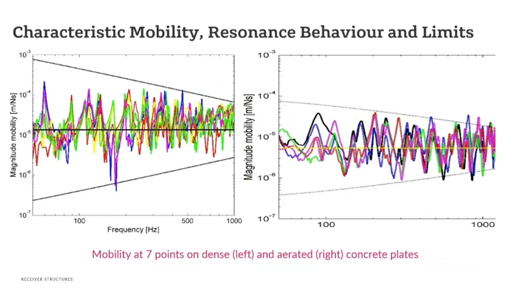But if you want to consider what kind of worst case it could have, you can also look at the maximum and minimum bounds, which are also very simplistic relationships. Let's say you wanted a conservative estimate of what your floor can do, you can use the maximum and minimum mobility bound equations, or if you're just interested in the averaged behavior of the plate, you can just use the characteristic mobility.